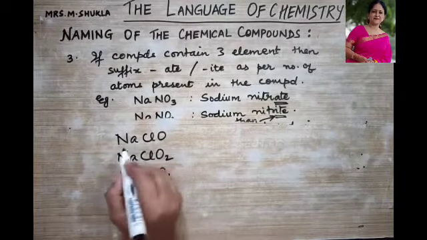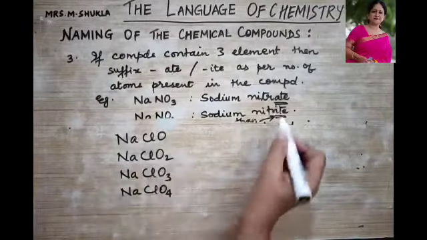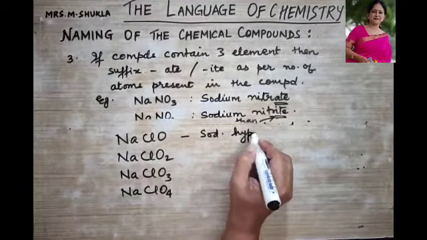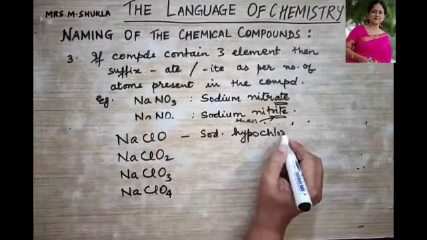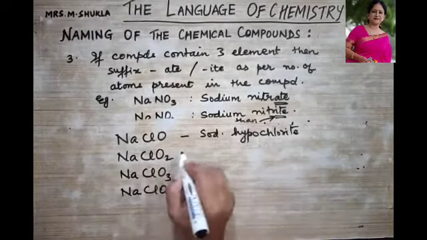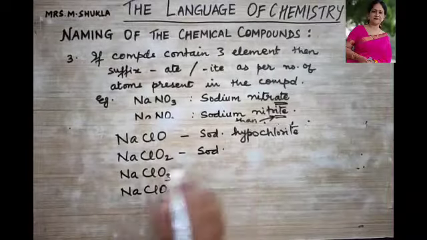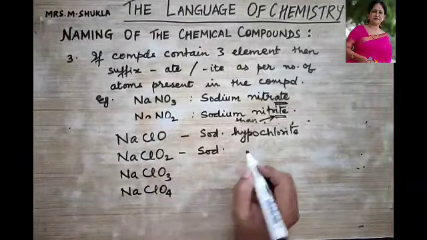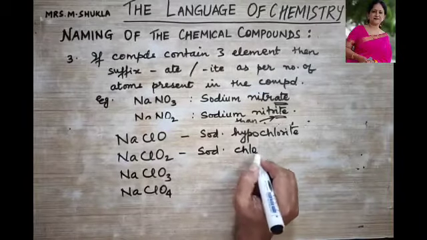What have we learned? What did you learn about NaClO, less than ite? It is sodium hypochlorite. This is sodium, less number of oxygen. This was 2 over here, no? So sodium chlorite.